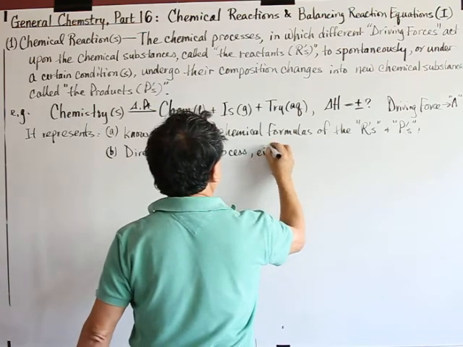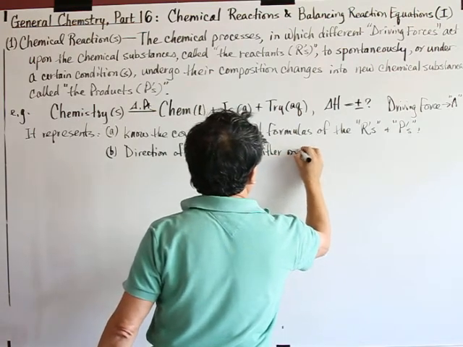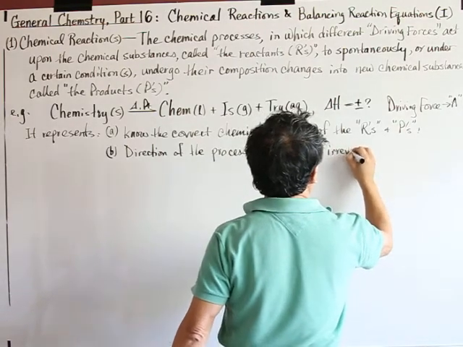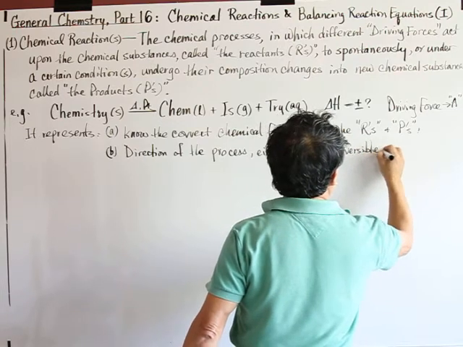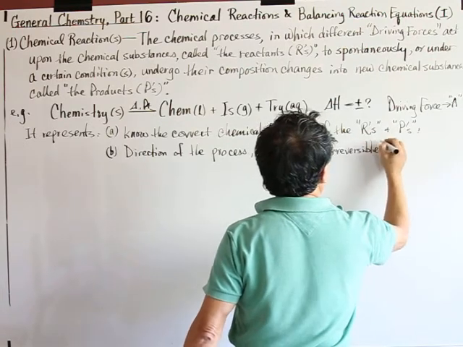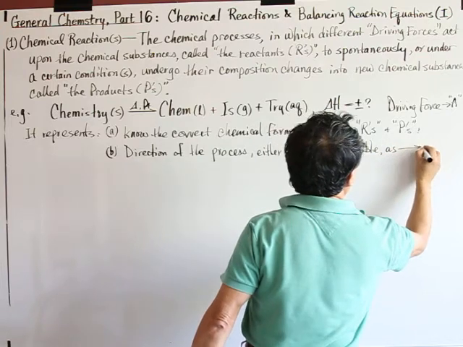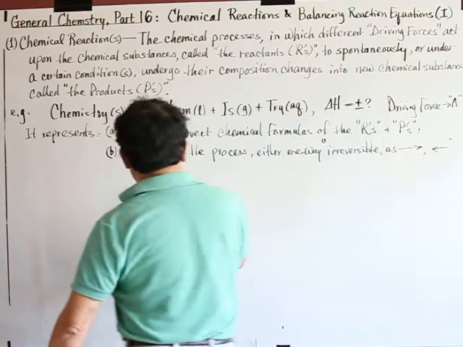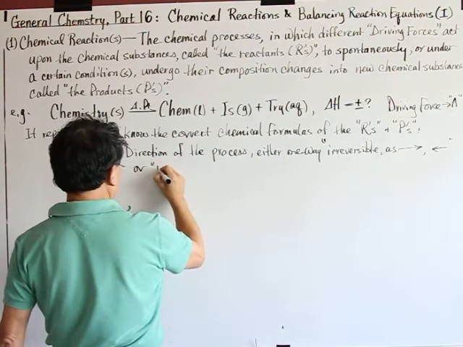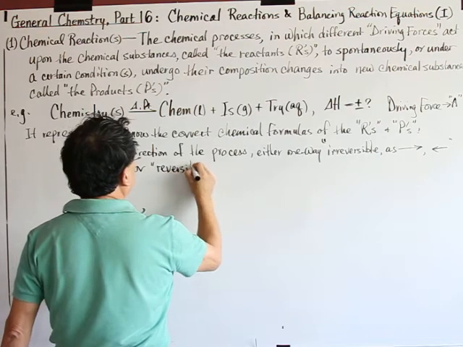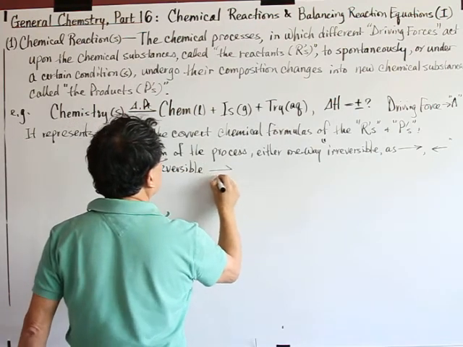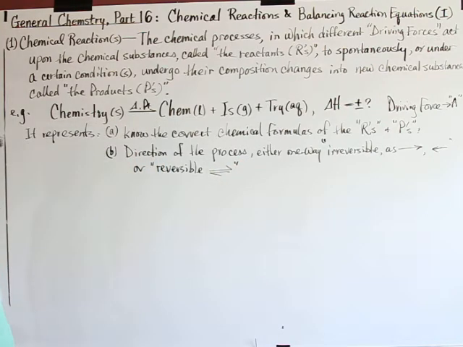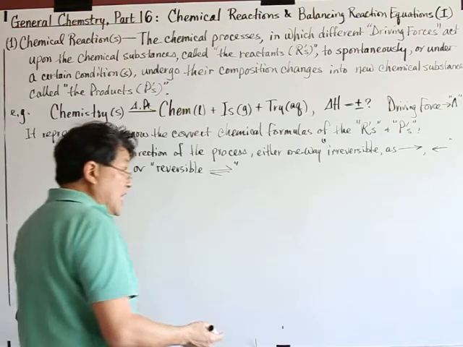Either one way, called irreversible, as one direction, or reversible. Now that is going to be both directions. We use a double arrow, right? That is very important. And in the past, we mentioned the Haber process, right?